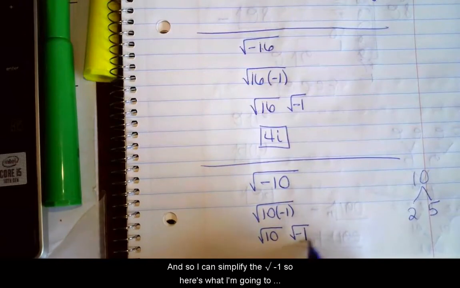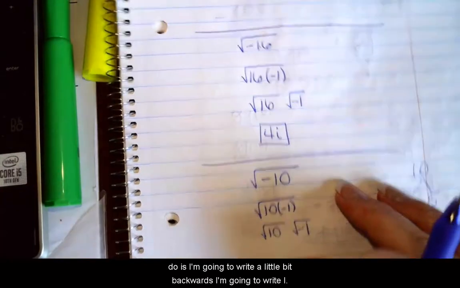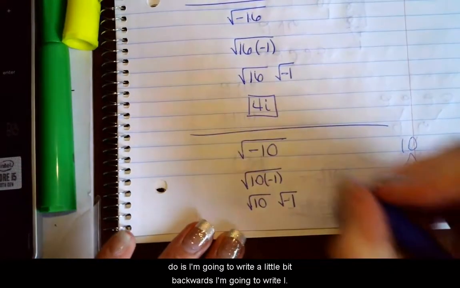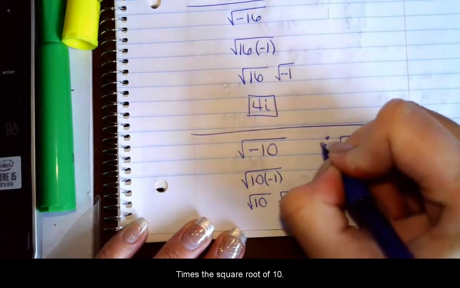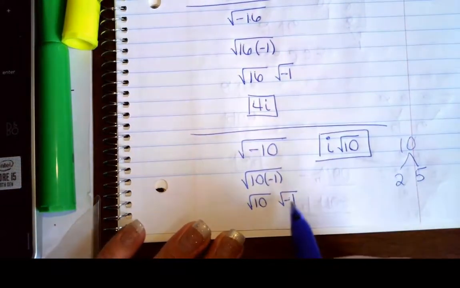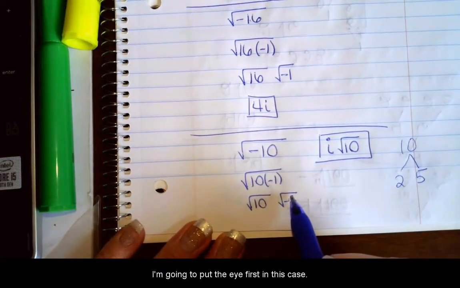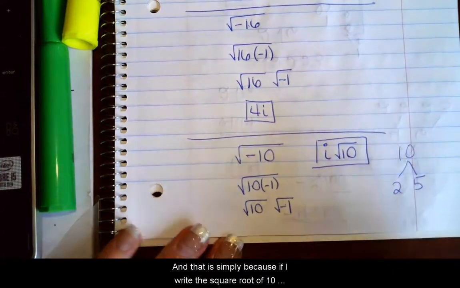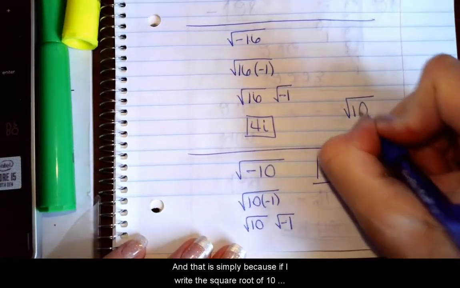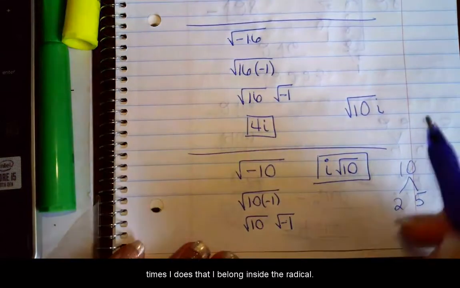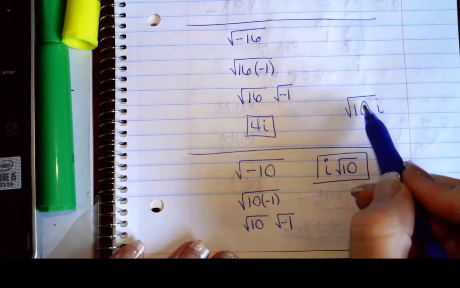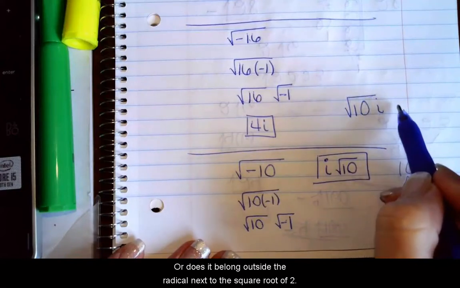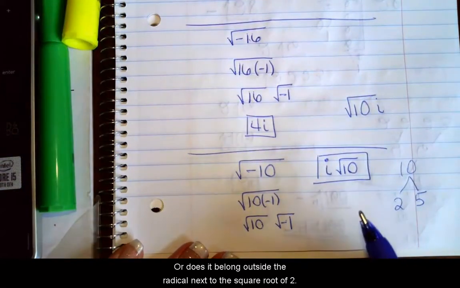And so I can simplify the square root of -1. Here's what I'm going to do: I'm going to write it a little bit backwards. I'm going to write i times the square root of 10. I'm going to put the i first in this case, simply because if I write the square root of 10 times i, does that i belong inside the radical with the 10, or does it belong outside the radical next to the square root of 10?